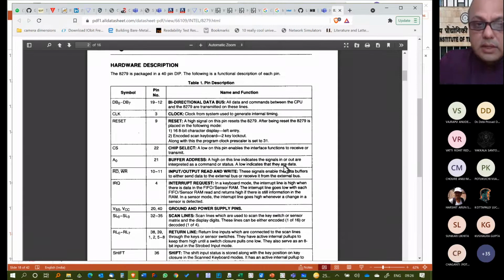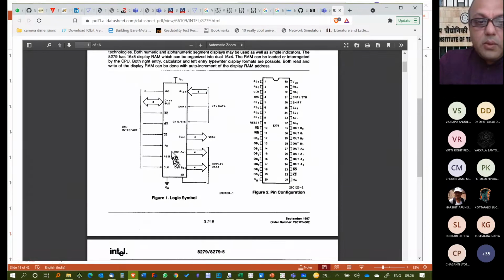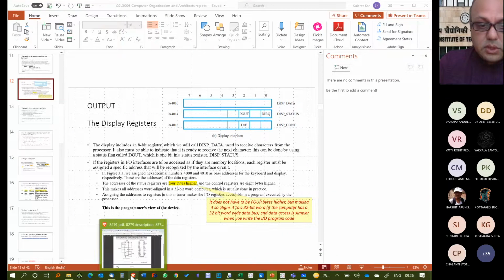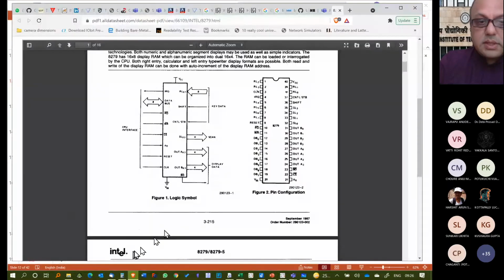So if you read this line, you go back and you say, well, this line then says, is it selecting a data register or a status or control register? So that's how you make your connection to the thing you are seeing. Fine. So that's the cutting the clutter part of it.